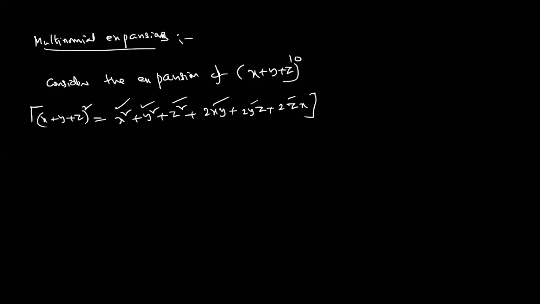See carefully, the degree of each and every term should be 2. Like that, after expanding x plus y plus z whole power 10, the sum of the powers of the variables is 10. The degree is 2 in the square case, and the same thing holds for power 10.